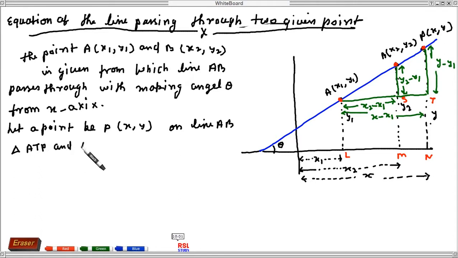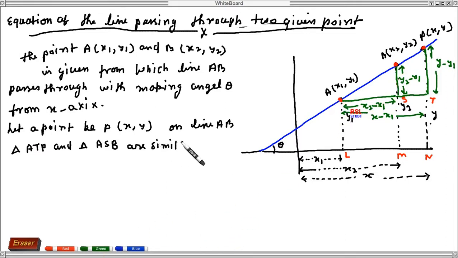So in triangle ATP, first I'll see triangle ATP and triangle ASB.